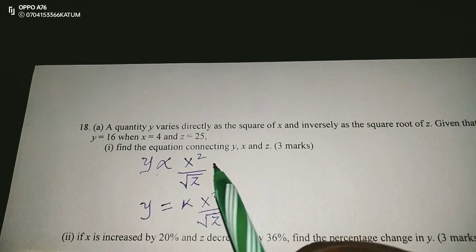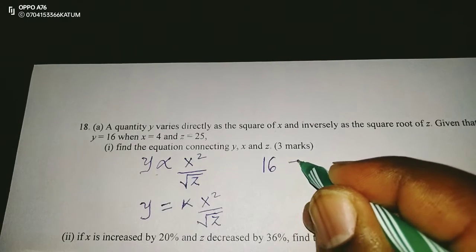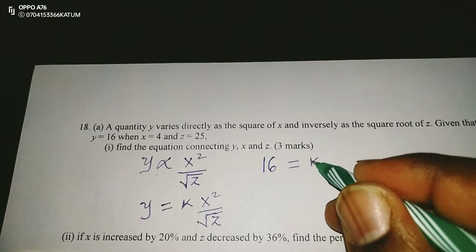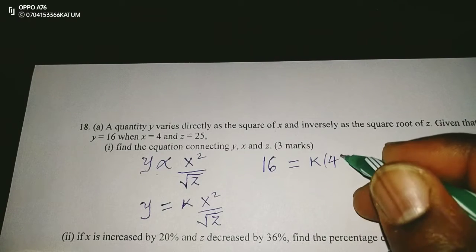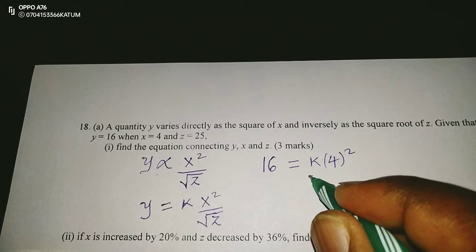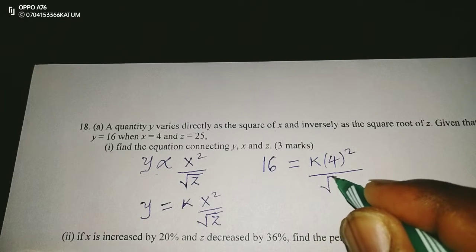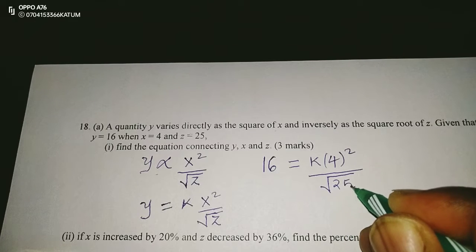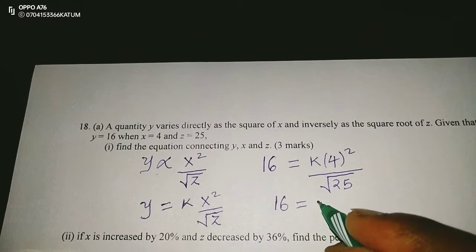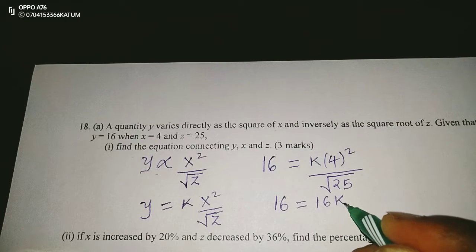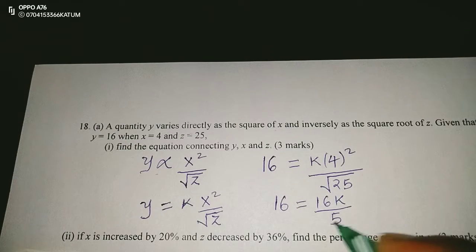So we are told that the value of y is 16. We can now substitute, there is a k here, x equals 4 and z equals 25. So the square root of 25. We're going to have 16 being equal to 16k out of 5.